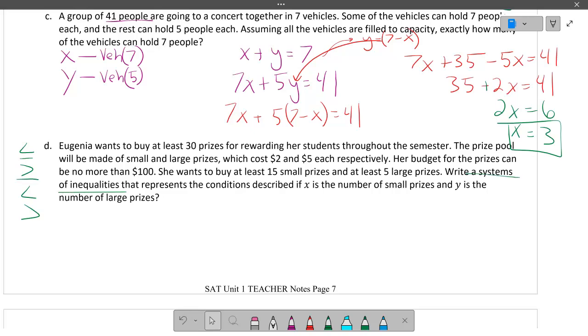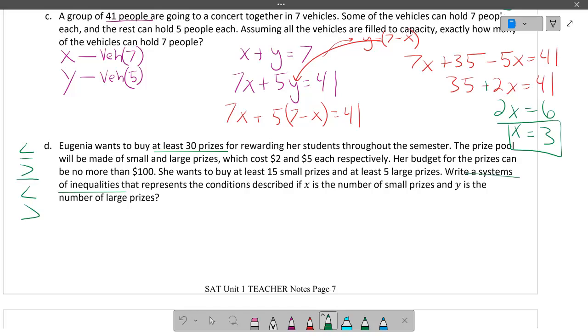How many relationships will we be able to write? How many totals do we have? 2 totals? Give me 2. Okay, so we have at least 30 prizes. What inequality would represent that?